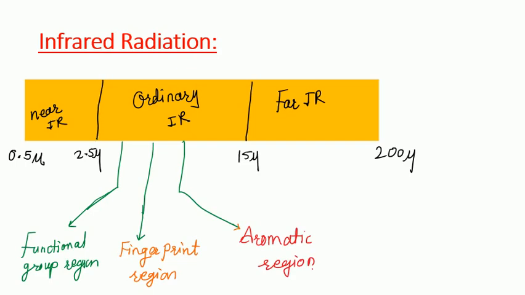So the range for the functional group region is from 2.5 micron to 7.7 micron, from 7.7 to 11 micron is the fingerprint region, and from 11 micron to 15 micron it is the aromatic region.